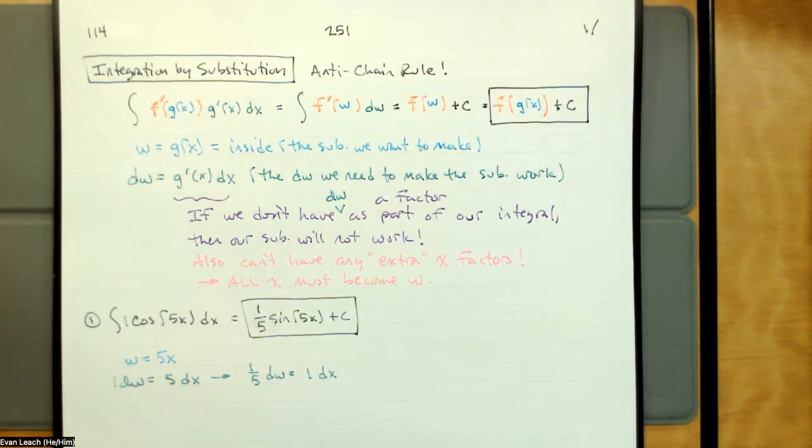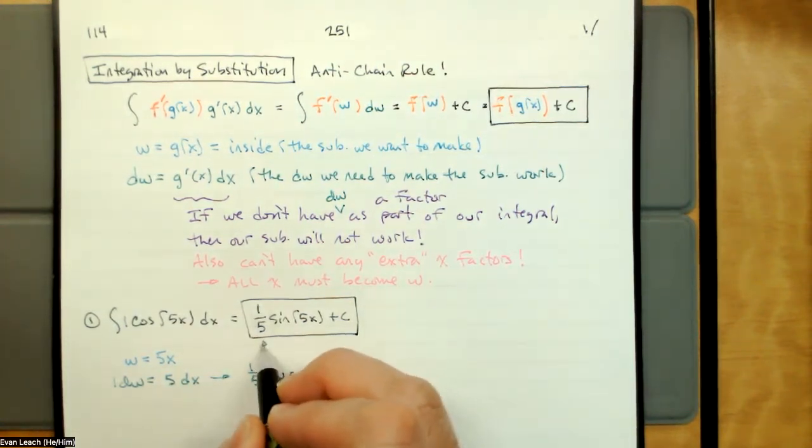The recipe calls for 1 dx, but 5 dx is equal to 1 dw, so I need 1/5 of a dw. That 1/5 is the 1/5 in our answer. That's where that 1/5 came from.